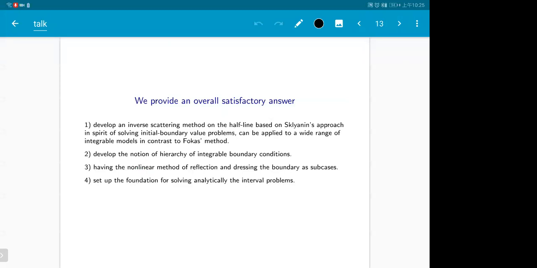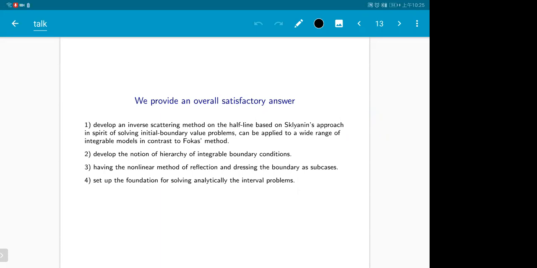So in this talk, what I claim is to provide an overall satisfactory answer, to develop the analytic approach based on Sklyanin's idea of integrable boundary conditions. In other words, you have the half-line problem, which is integrable, with integrable boundary conditions.